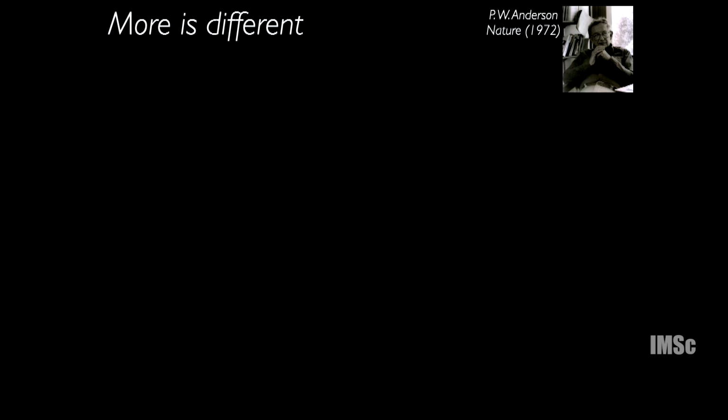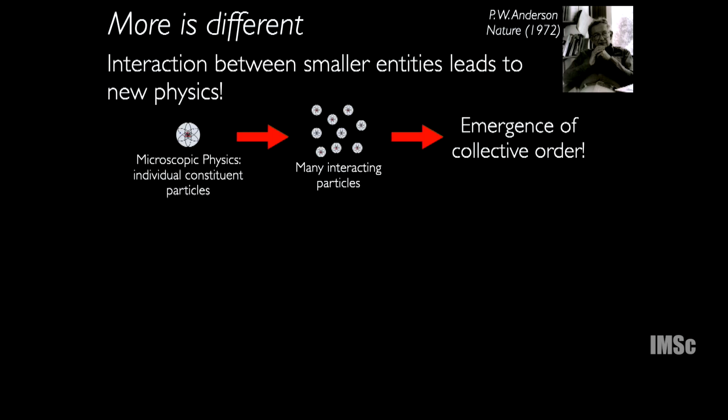He said that if you have a collection of small entities where you exactly know the physics of these individual entities, then the interaction between these entities leads to large-scale macroscopic properties which you cannot simply extrapolate from the individual properties of the individual entities. And this property emerges out of the collective interaction.